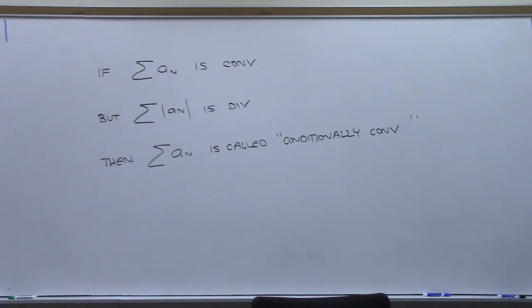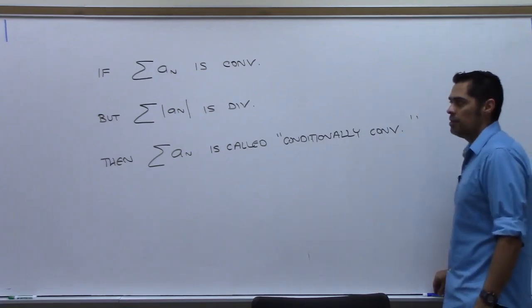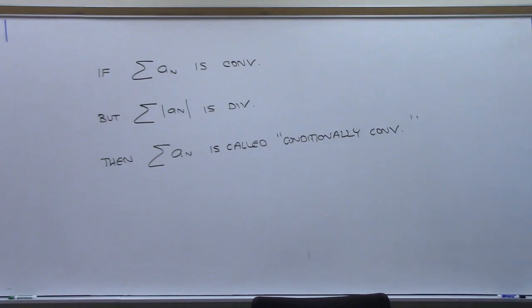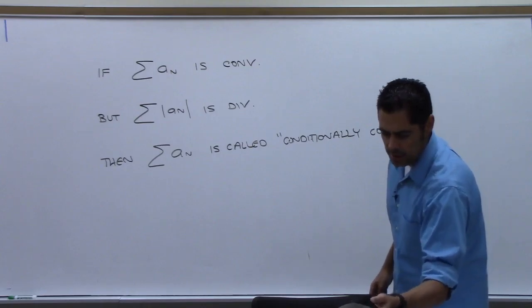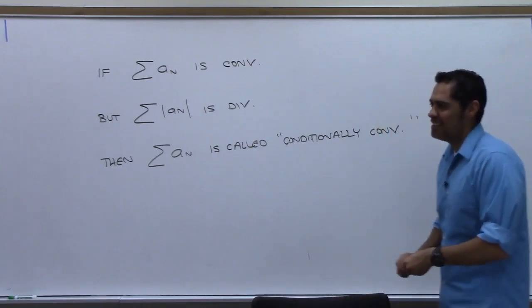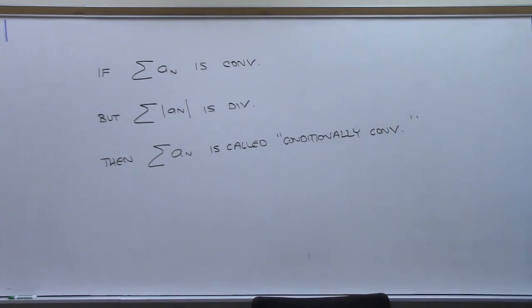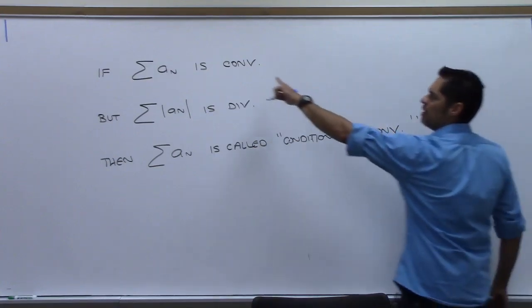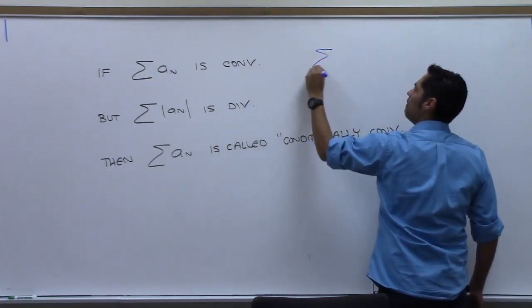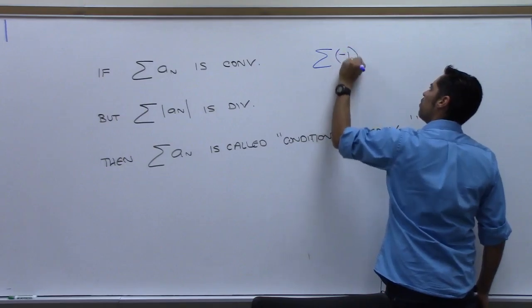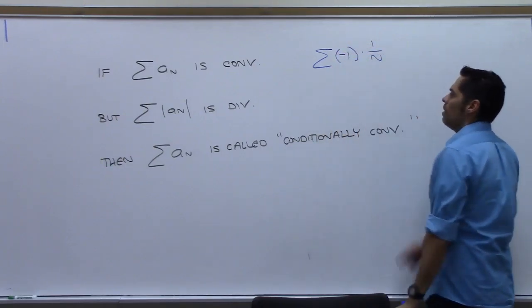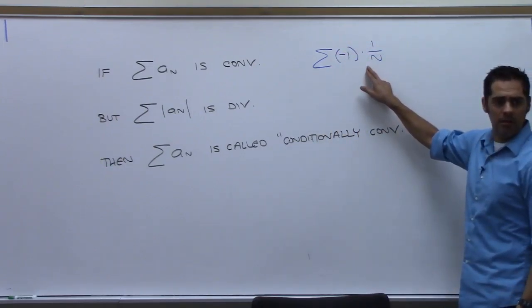Can somebody give me an example of a conditionally convergent series? My hint is that we just did it. Yes, the last one. The last one is a perfect example of this. If we look at the original series as being this one, we know that this one converged by the alternating series test.